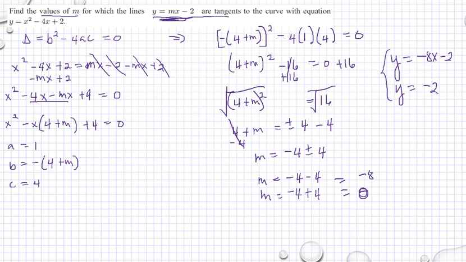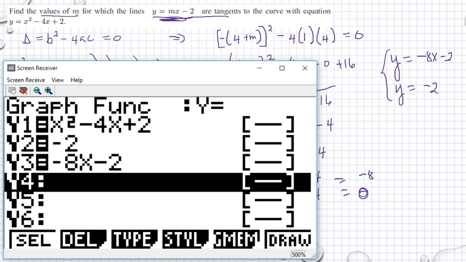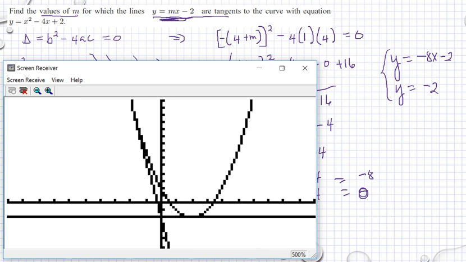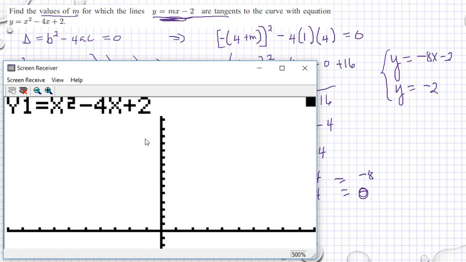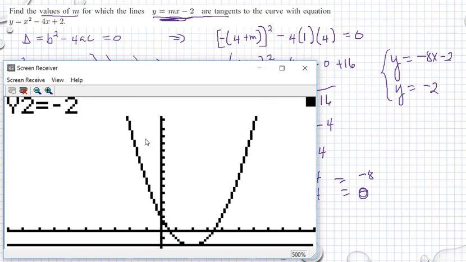Okay, we're going to look at our graph. I'm going to show you my screen. I will just prepare it. Okay, here it is now. I put it in my calculator, and if we draw, you can see here I have y is equal to negative 2. It is a tangent also, and y is equal to negative 8x minus 2.